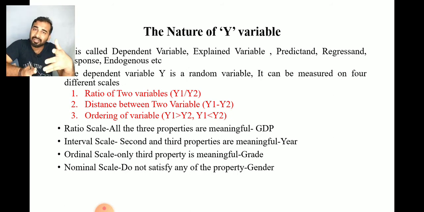Your grade is A plus. Another person's grade is B plus. You divide A plus by B plus, what will you get? Or A divided by B, what will you get? You won't get anything. A minus B, what do you get? Nothing. But you can say that A is greater than B.